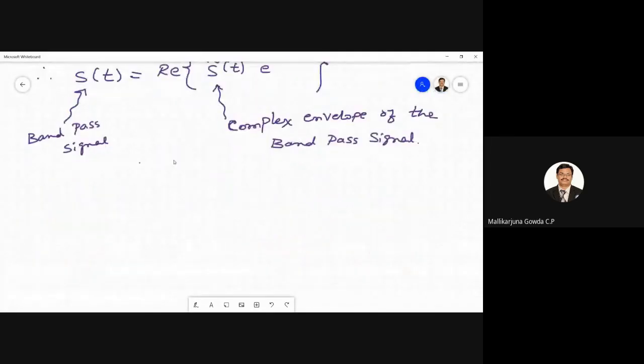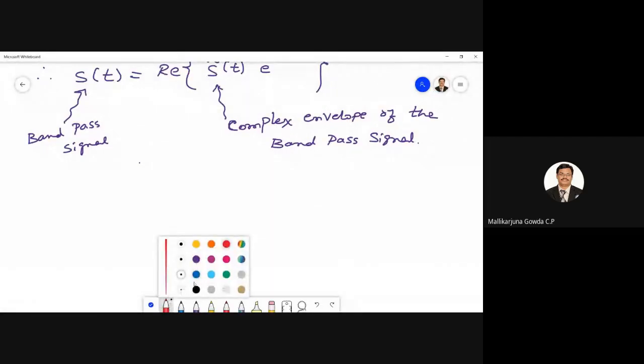What I wanted to write is, therefore, the complex envelope.